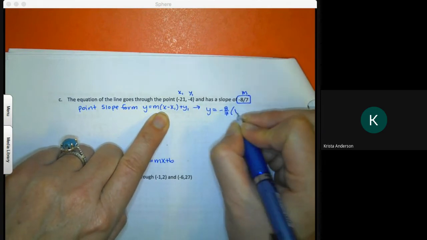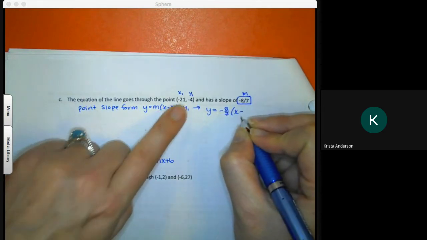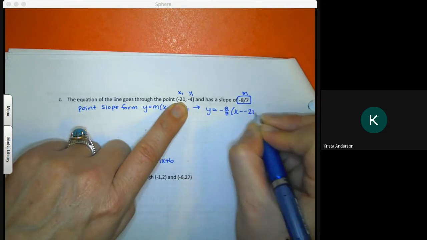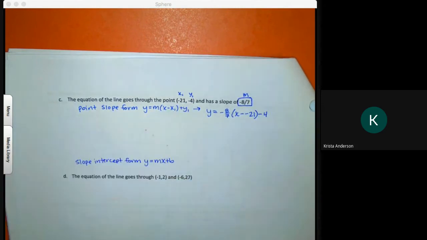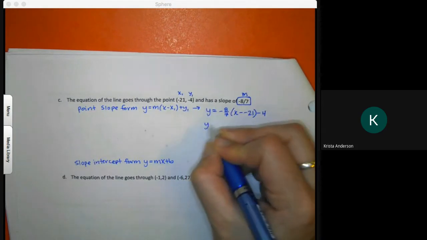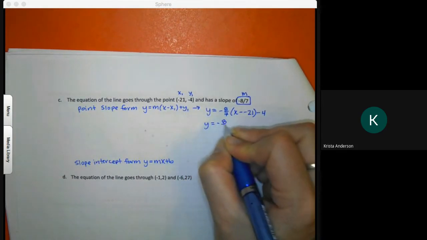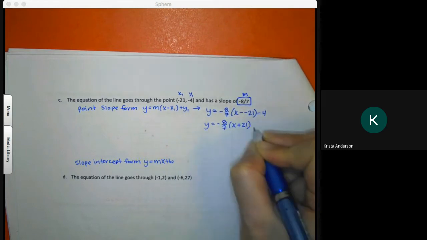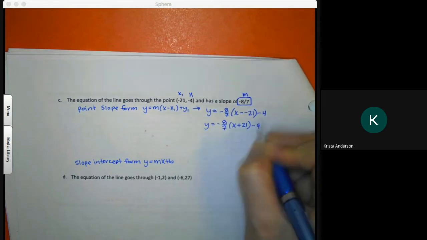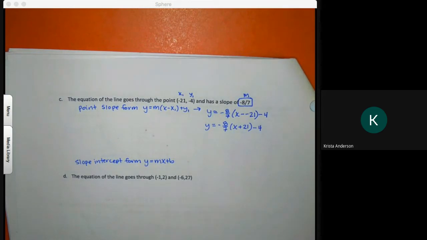Then I would place my x minus a negative 21 with a minus 4 outside. Those two negatives inside are going to switch to a positive. And the 4 on the outside stays the same.